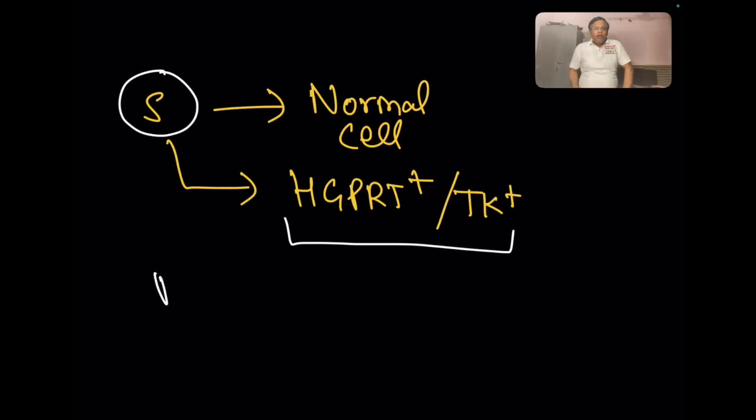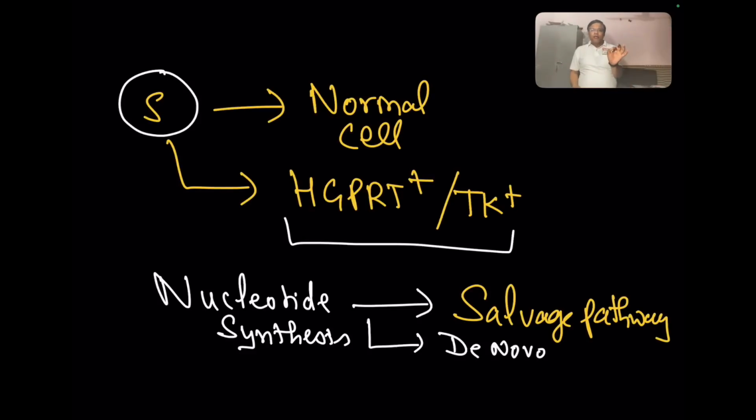Now here the spleen cells are normal cells. As I have told you, they are not going to divide indefinitely. And if you see the genotype of spleen cells, they have the genotype HGPRT plus and TK plus. Now try to see here. The nucleotide synthesis pathway can occur by two pathways. One is the salvage pathway and another is the de novo pathway.